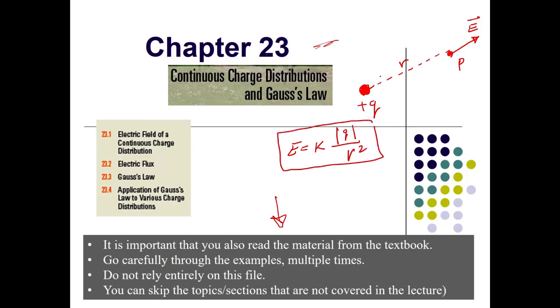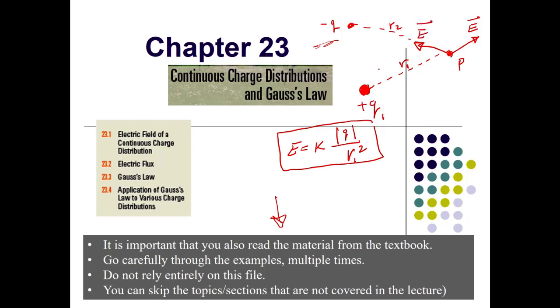Now, if you have another point charge, for example here, let's say minus Q, it will also produce an electric field at point P that will be directed toward it. Let's say this distance is R1 and this distance is R2.